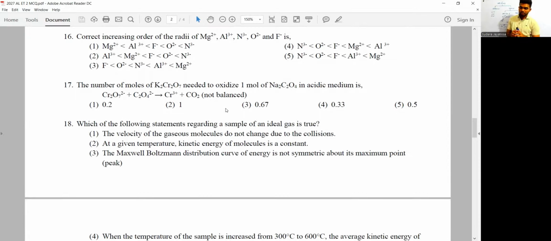However, it's asking you to balance this one. You need to find how many moles of potassium dichromate is needed to react with 1 mole of sodium oxalate. So let's balance this one and then come to the question they are asking. Let me remind you quickly about redox balancing here. It is a new theory that you are learning under A levels.